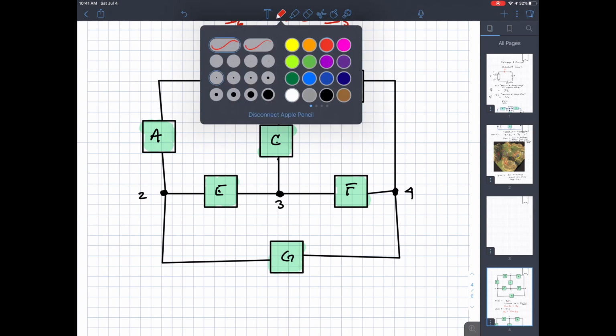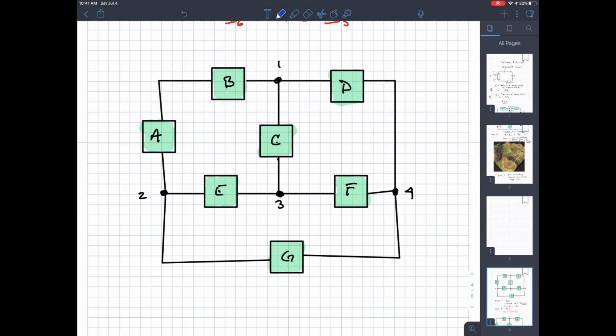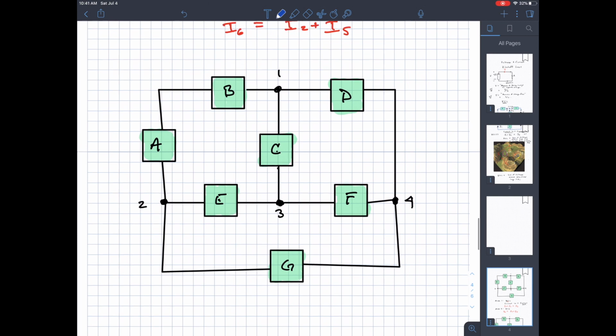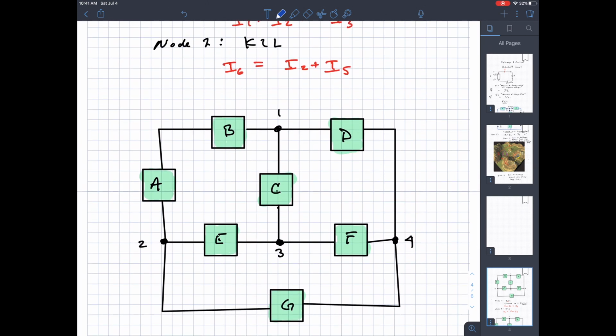we need to assign polarities to the voltages. I look at each circuit element. If each circuit element is using energy, there's going to be a voltage difference between the plus terminal and the minus terminal of each element. I can label those, and it's arbitrary how I label them. I could do plus here, minus there for VB. I could do minus plus VD. Doesn't matter which sign is where.